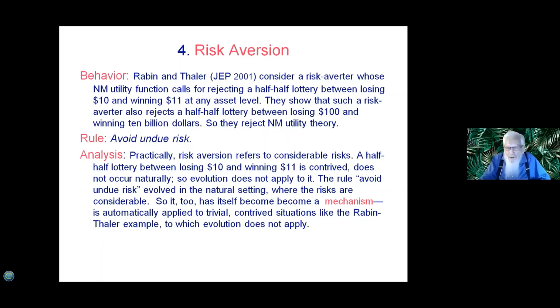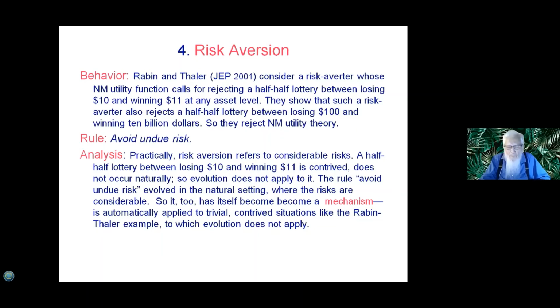So evolution does not apply to it. The rule avoid undue risk evolved in a natural setting where the risks are considerable. So it too has itself become a mechanism.